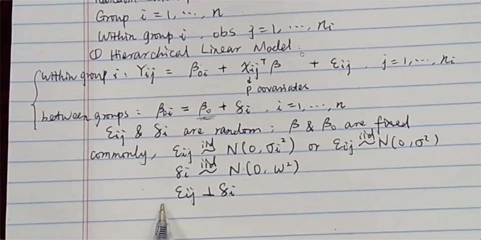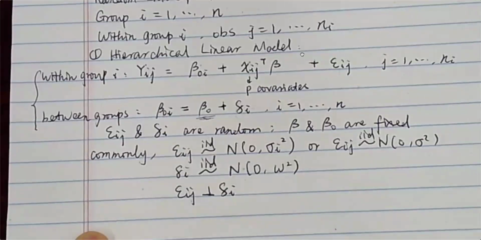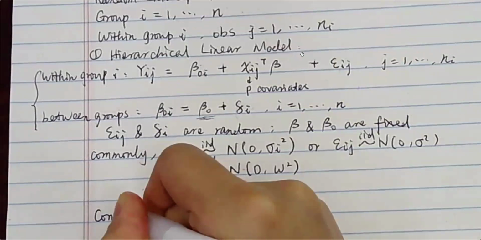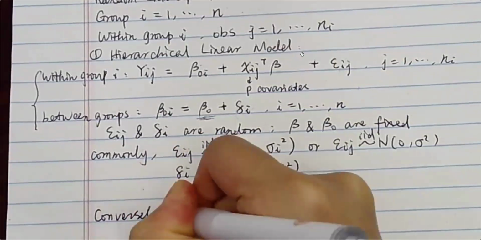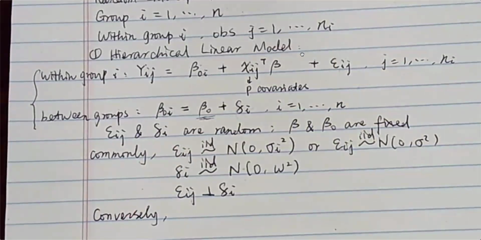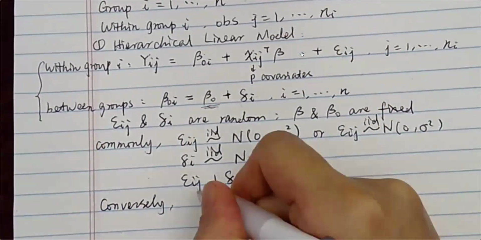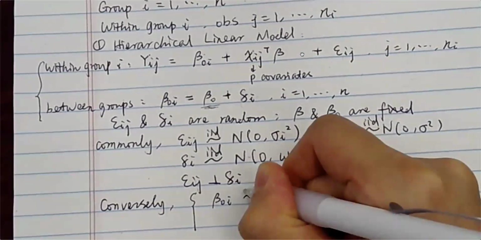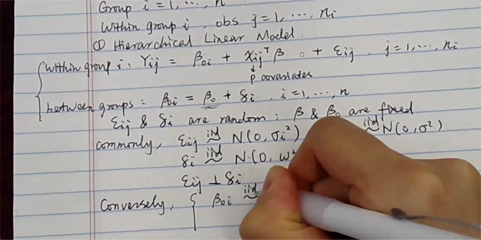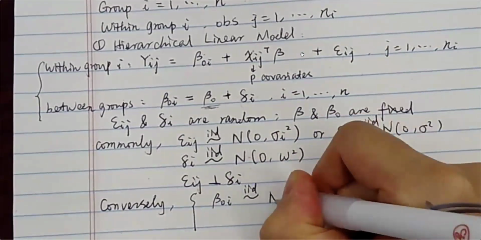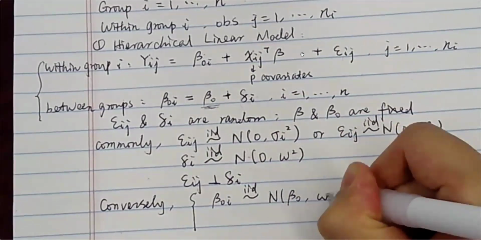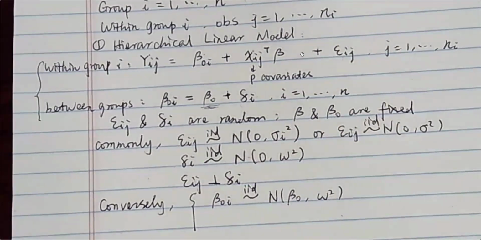Then this is the hierarchical linear model. So basically, if we wrap it up, conversely, if we write from the bottom to top, the other direction, we can have beta 0i IID following a normal distribution with beta 0 as the mean and omega squared as the variance.